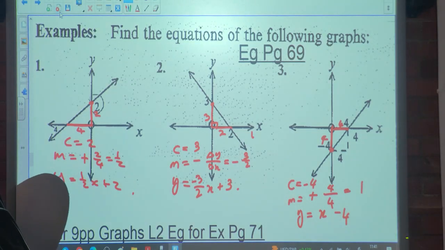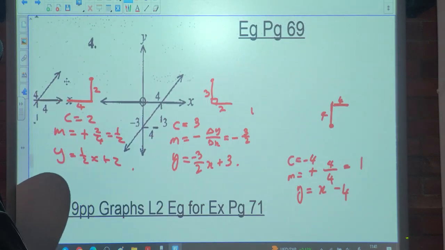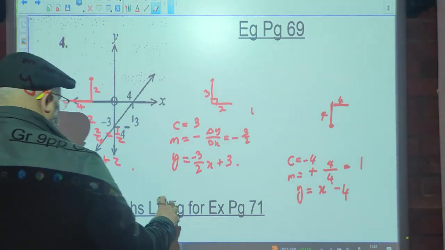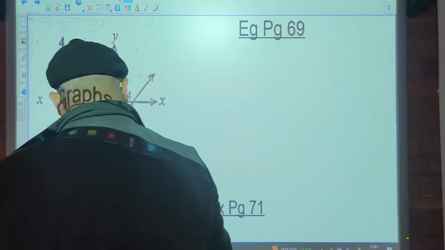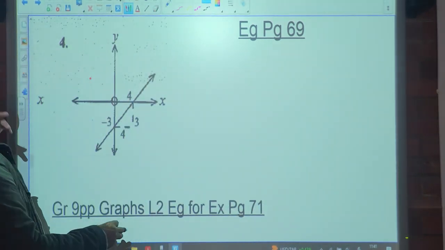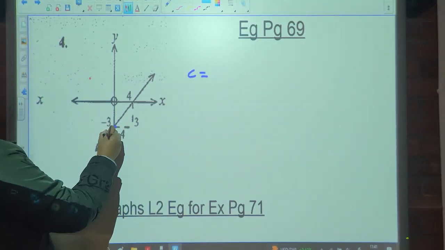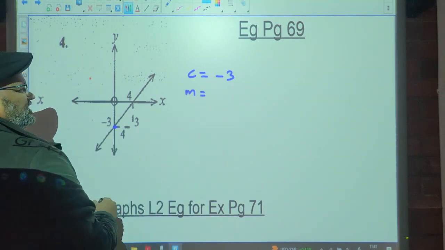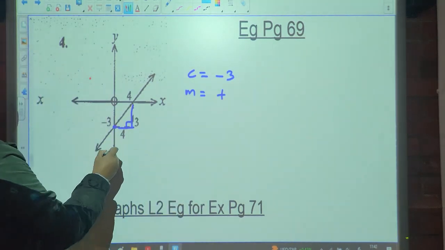Look at what number 4 has in store for us. Alright, so what is your y-intercept here, or your c value? Negative 3. Your gradient is positive or negative? Positive. And you complete your right angle triangle there.